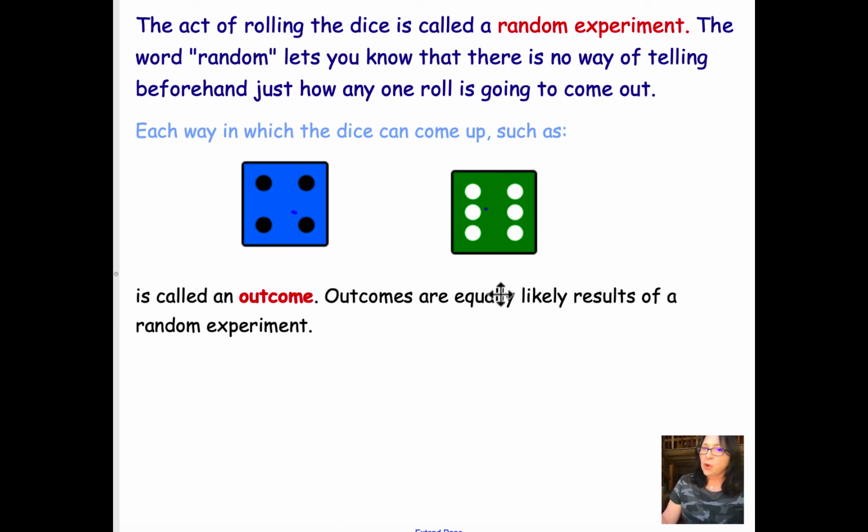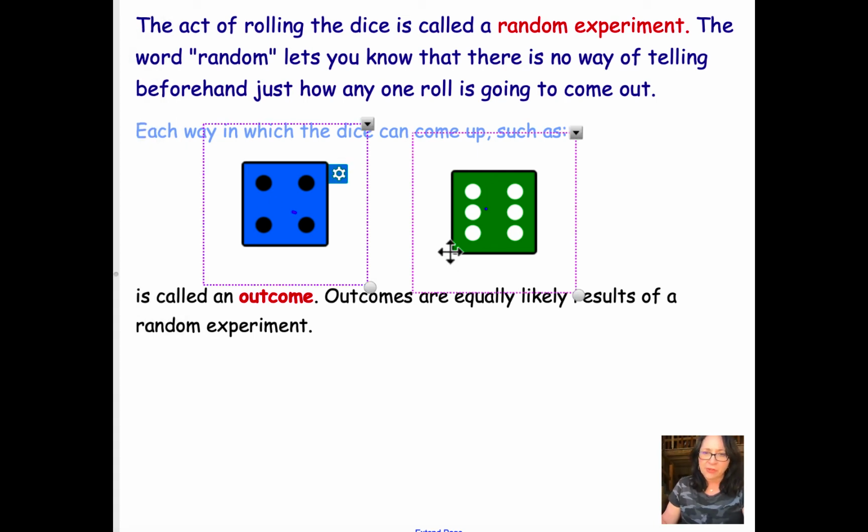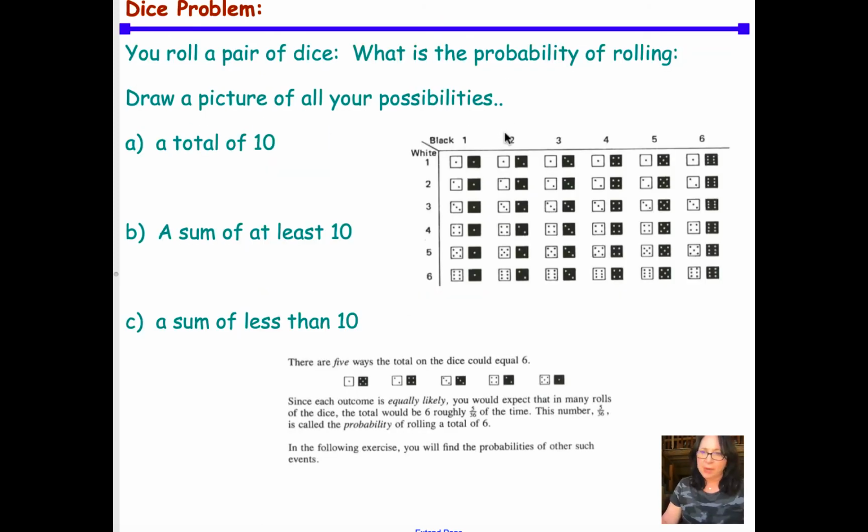So outcomes are all equally likely as a result of the experiment. So for this right here, what you guys are looking at is rolling a pair of dice. Now, right here, I have white dice and I have black dice. Okay. So if you think about it, you could have 1 white, 1 black die.